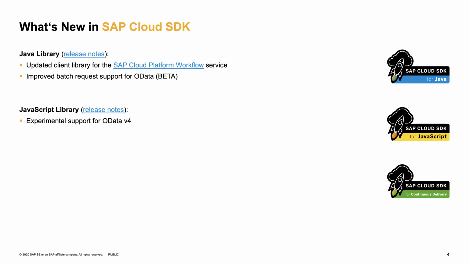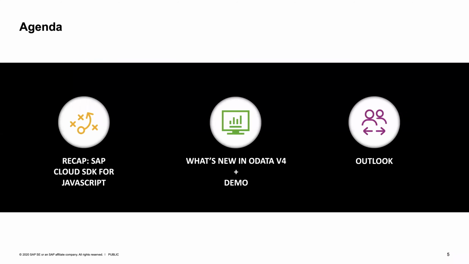Next one. What will be shown today? In a few seconds, I'll hand over to Marika, and she will tell you a little bit more about the SDK for JavaScript. What does the library contain and what capabilities we have.